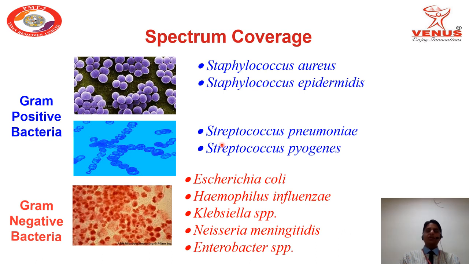These are the gram-positive bacteria where ZYMOCEF has excellent bacterial coverage. And in case of gram-negative bacteria, it covers Escherichia coli, Haemophilus influenzae, Klebsiella species including Klebsiella pneumoniae, Neisseria meningitidis, and Enterobacter species.